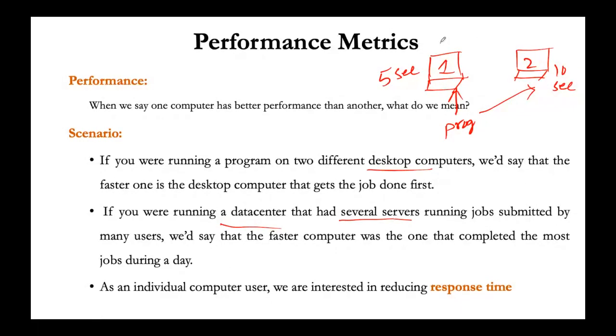If these computers are server 1 and server 2, running jobs submitted by many users in that data center, then we would say that the faster server is the one that completes the most jobs during their execution. So we call this your throughput.